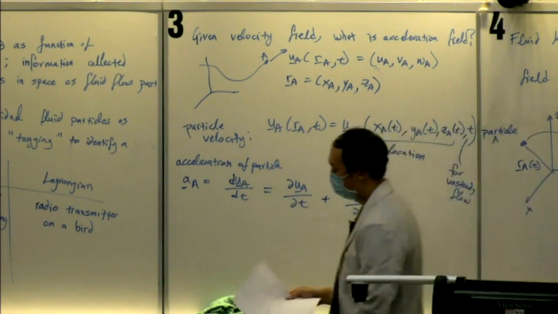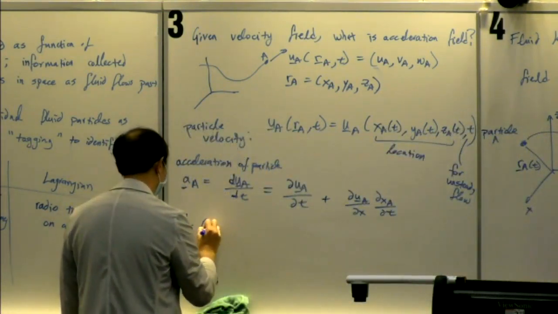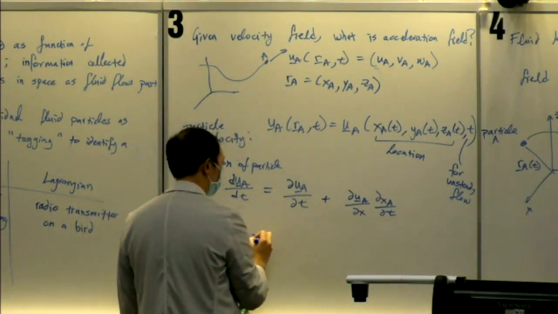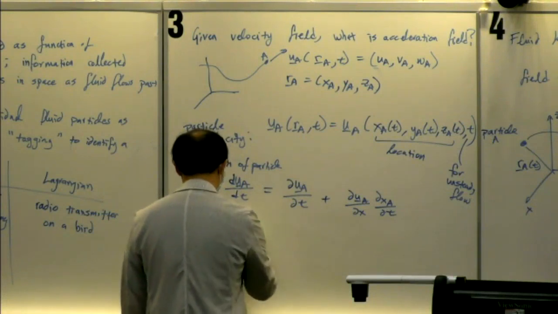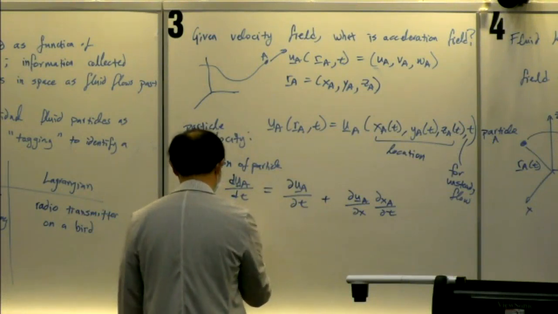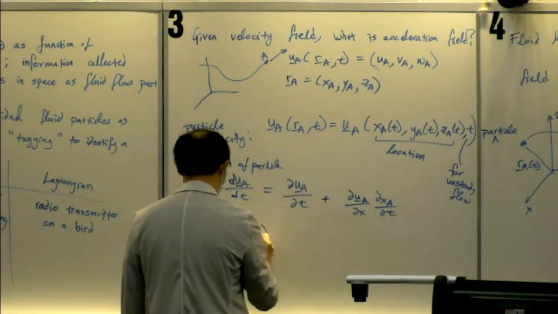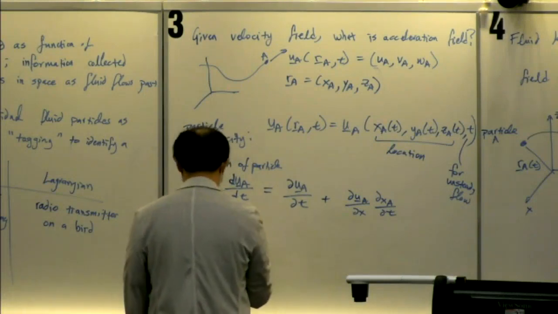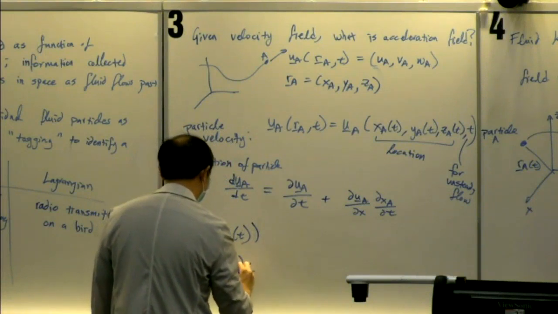Chain rule, just to remind you: d/dt of f of g of t is equal to df/dx times dx/dt.